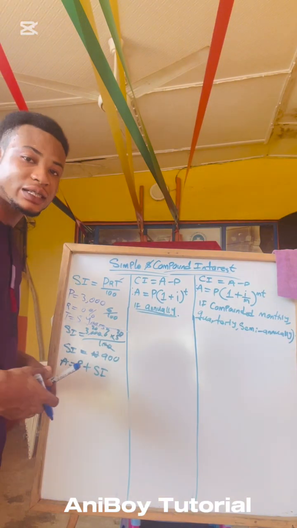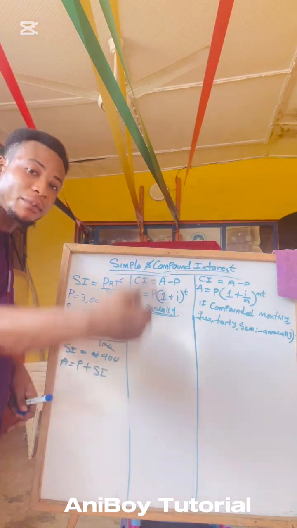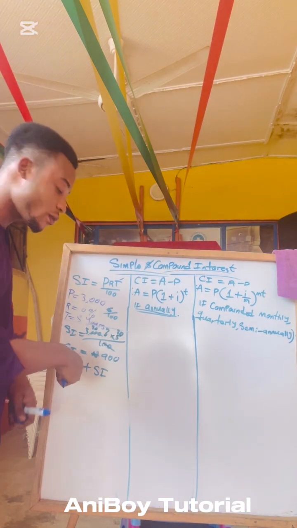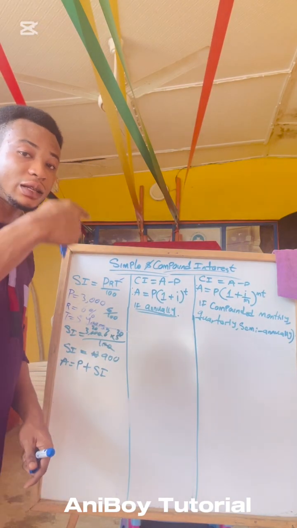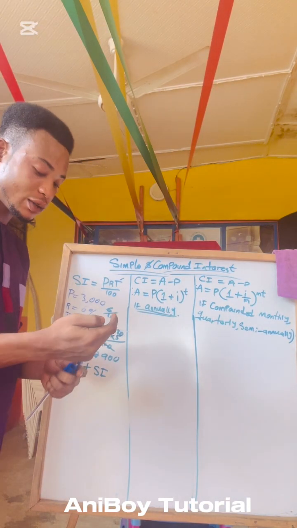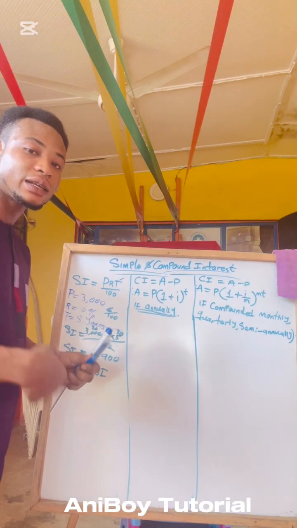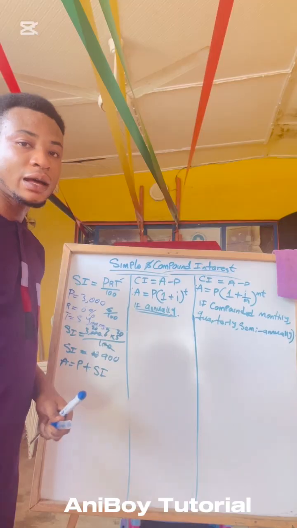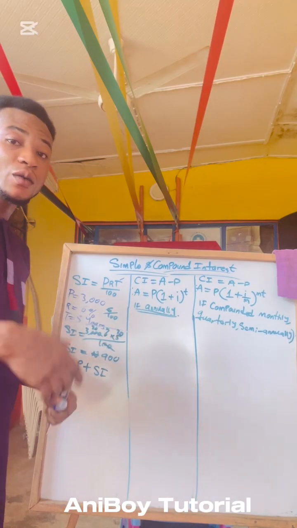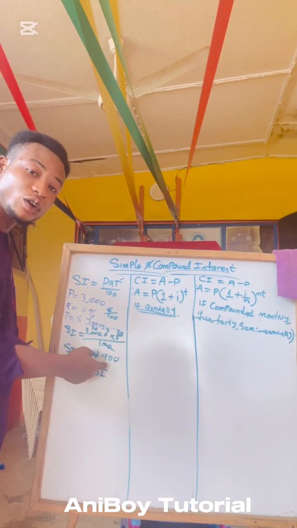That is, the interest that we gain plus the amount we invested should give us the total amount we are going to have, maybe in our bank account. If it is in our bank, when we open a savings account and we are investing 3,000, and they're telling us that if we are depositing 3,000 in our bank account, at the end of every year we are going to earn 900 naira.